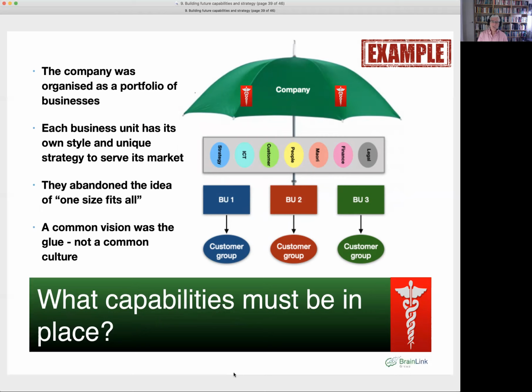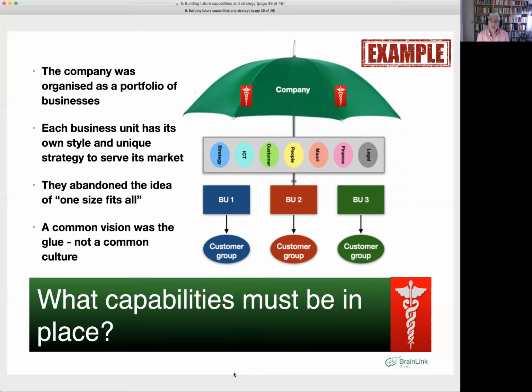And so the business units were designed in such a way that they met the needs of the customers. So rather than thinking of the company as one business, we recognize the company is a portfolio, an umbrella of several businesses. 3, in fact, business unit 1, business unit 2, and business unit 3. And we know that each business unit has got its own style and unique strategy to serve its market.